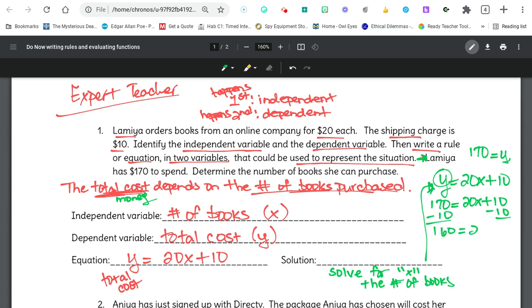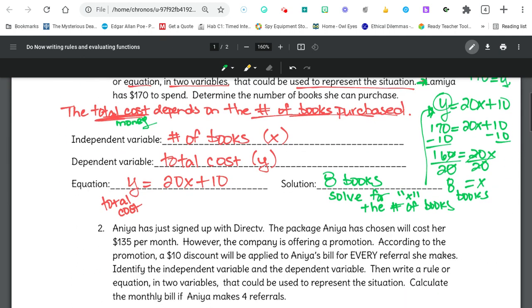So that's 160 equals 20X. Divide both sides by 20. And X is equal to 8. So how many books can she buy? She can buy 8 books with $170. And that's all you're going to do. So that's how you're going to do your expert teacher's cards. But I'm going to go ahead and do 2 and 3.